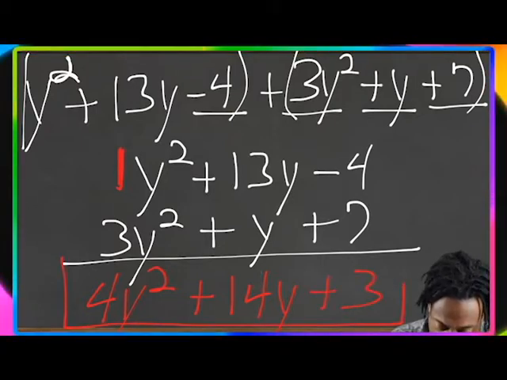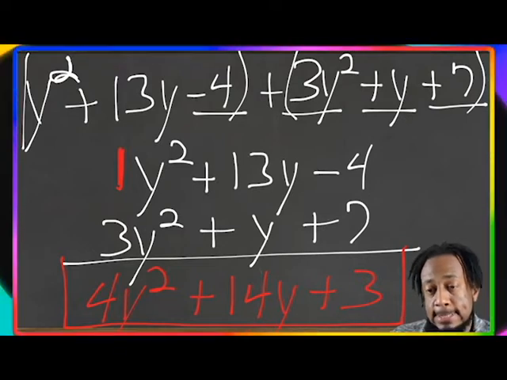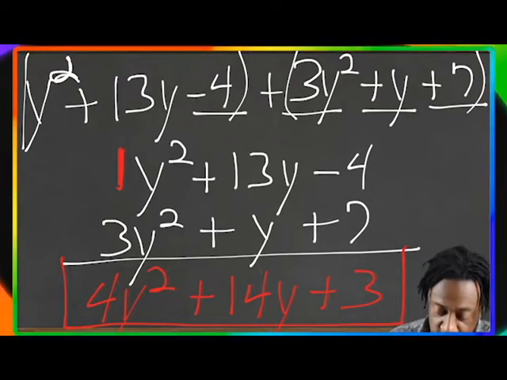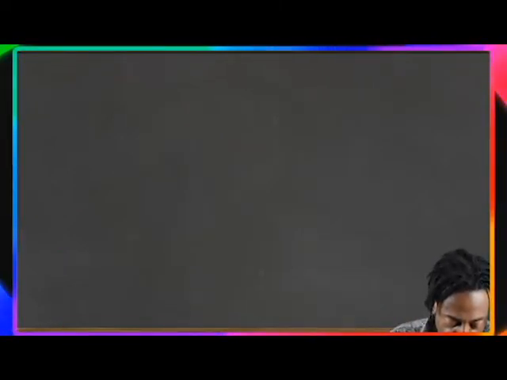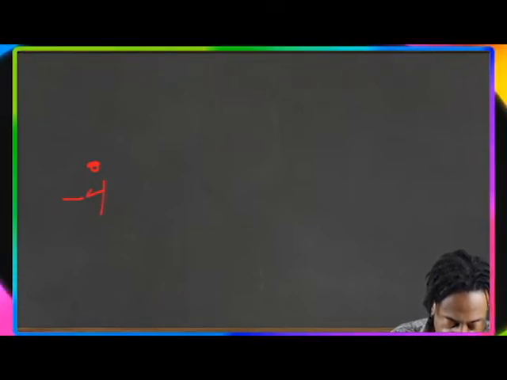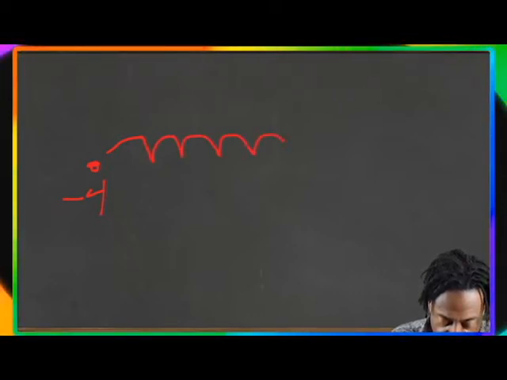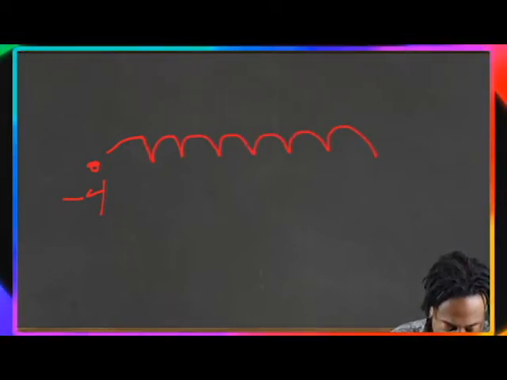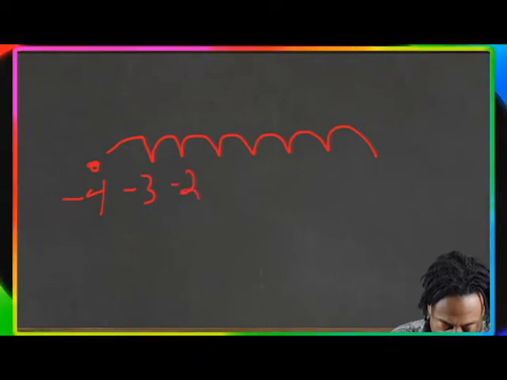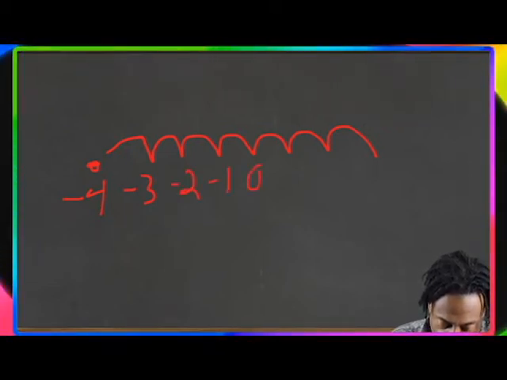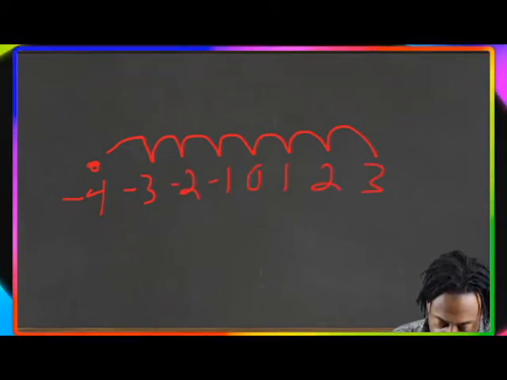Okay? Negative 4. Let's go. If we start out at negative 4, we need to go how many spaces? We need to go 1, 2, 3, 4, 5, 6, 7. Let's add it in. Negative 3, negative 2, negative 1, 0, 1, 2, 3. Answer.